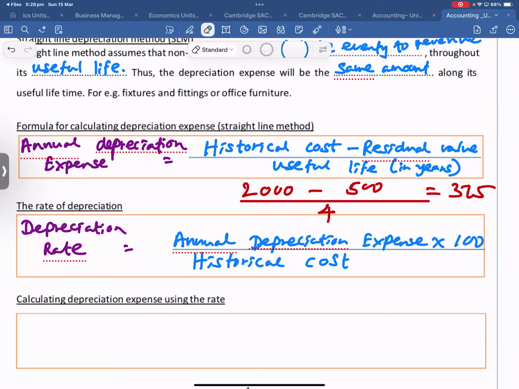But the ATO and everybody calculates based on the historical cost. I have never seen anyone compare it with the total depreciable value.